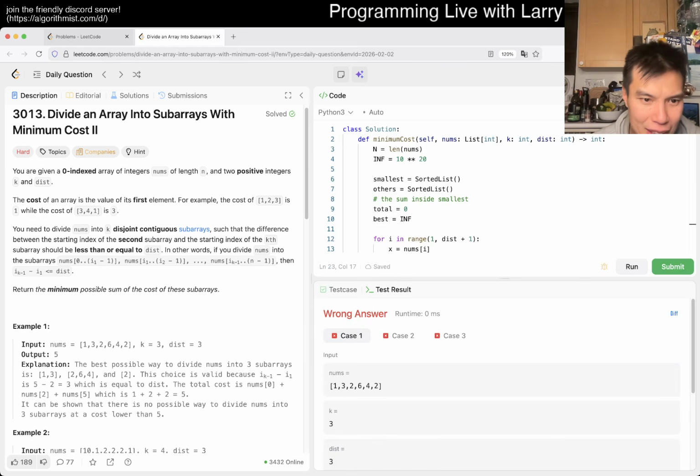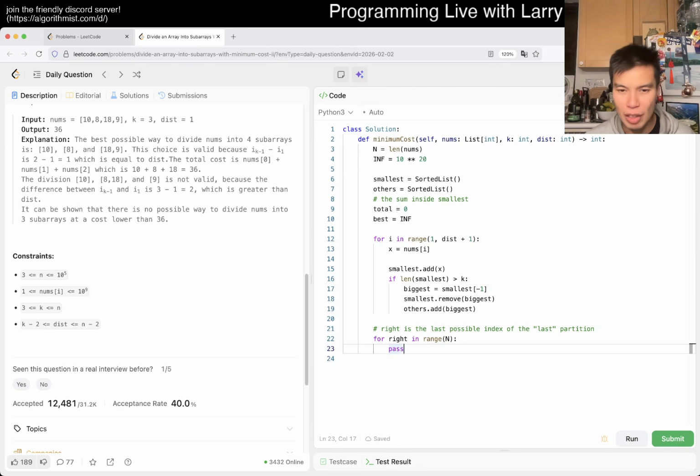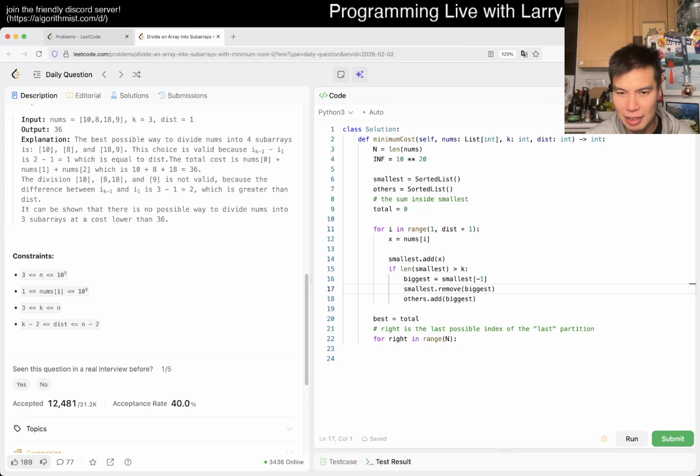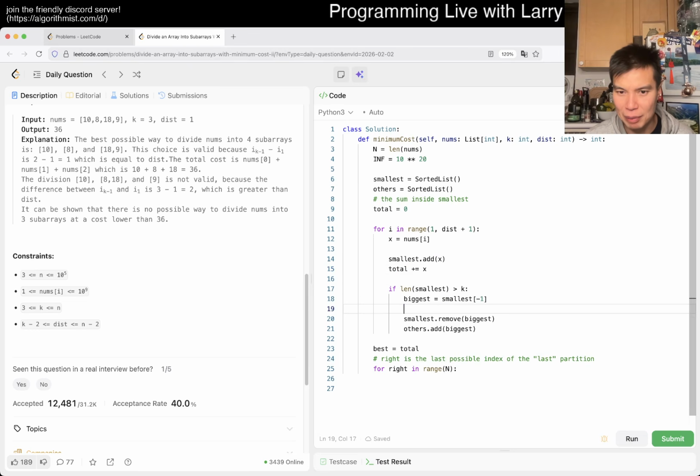So I assume distance is okay, yeah. So I mean, we still have to look, but okay. So then now, best is just equal to total, because now we have to. Oh, I didn't add this. Well, no. Here we add x, and then if this is, we subtract biggest, right?